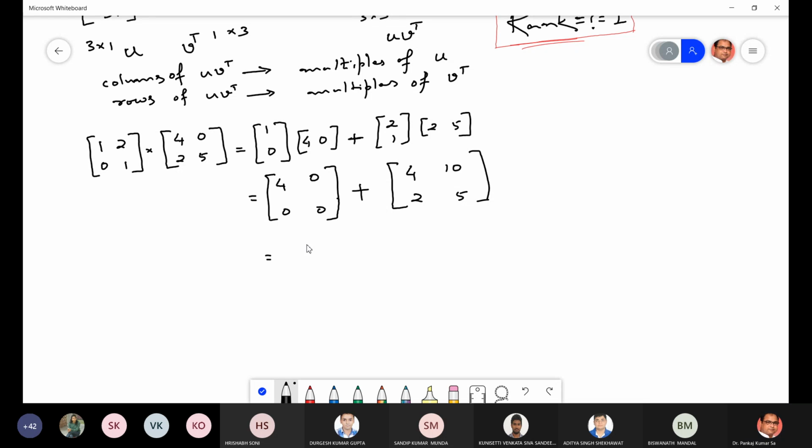So this becomes 8 10 2 5. Okay. So each one of them is a rank 1 matrix. That is how it is.